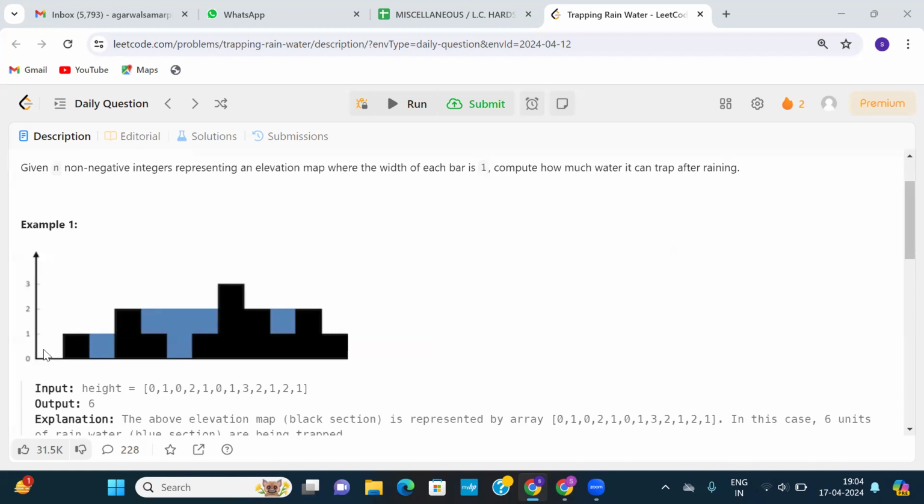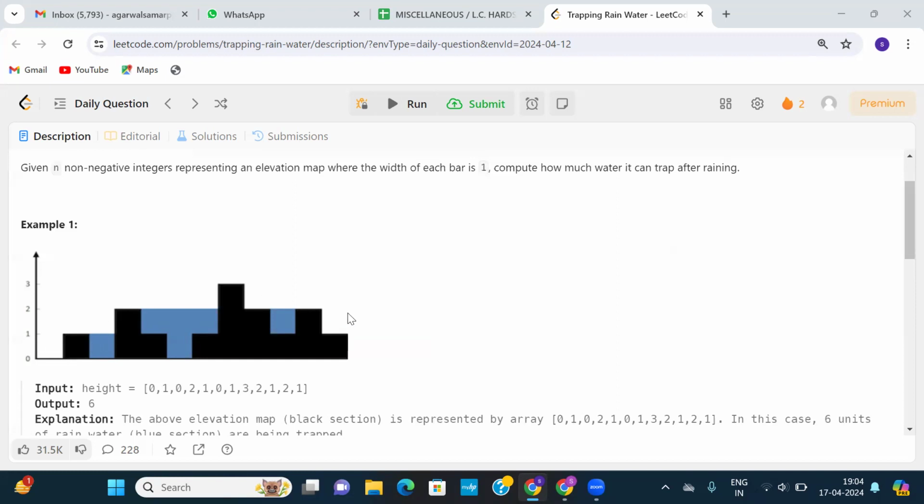See the example over here. For the 0th index, there is no bar present at the left side, so no water can be collected. For the first index, there is no bar present at the left-hand side, again no water can be collected. For the second index, we can clearly see there is one bar at the first index with height 1.